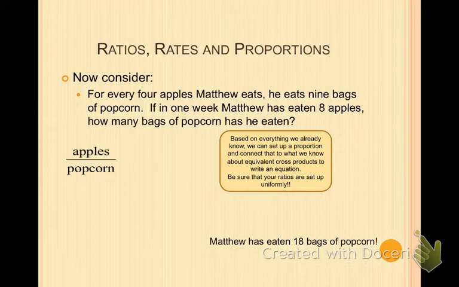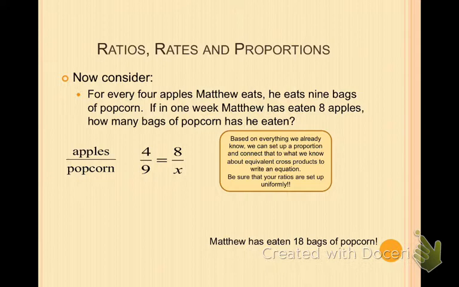If we're talking apples to popcorn, we know that we have 4 apples to 9 bags of popcorn. It's important to line up our units here. And we have 8 apples to X bags of popcorn.